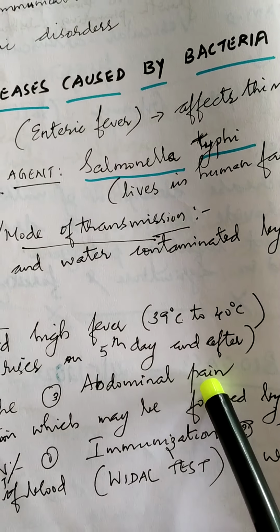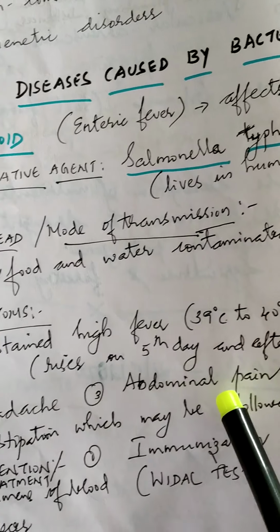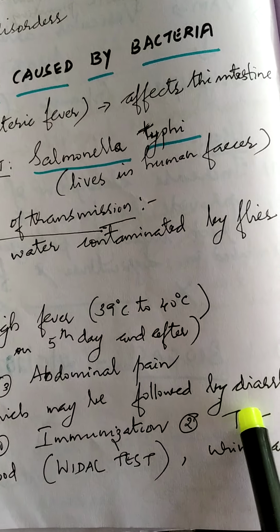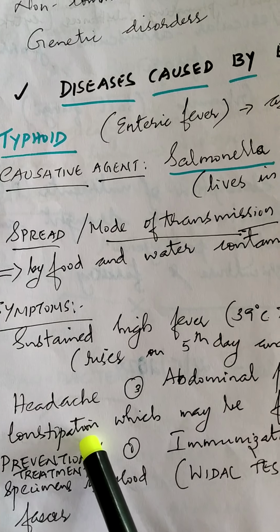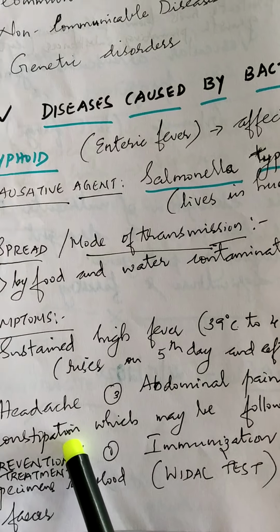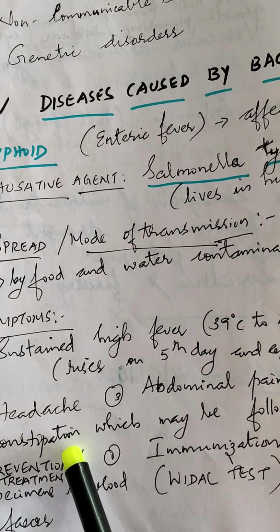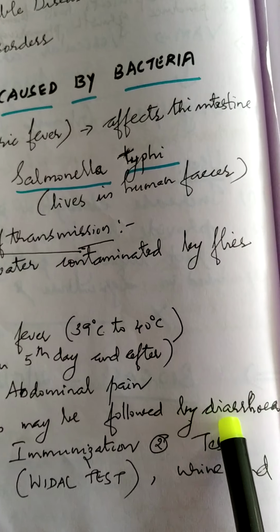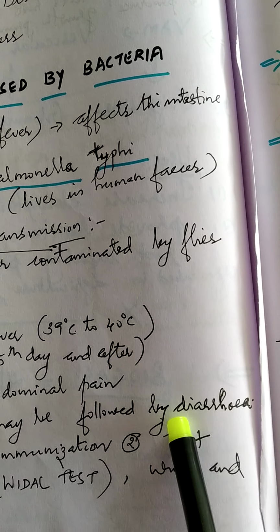Since it affects the intestinal portion, one symptom is abdominal pain. Then constipation, which may be followed by diarrhea. We know constipation is a difficulty in the removal of feces because of more water absorption in the large intestine portion. But diarrhea refers to the removal of watery bowels.